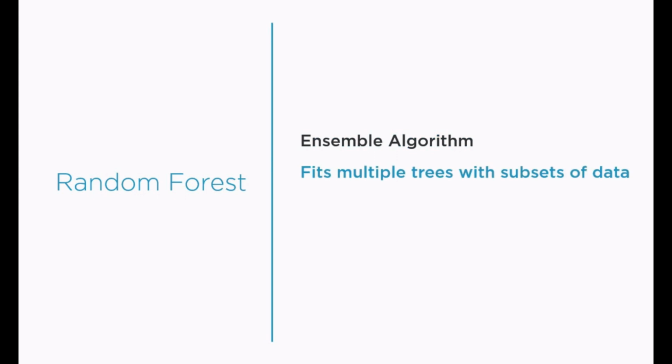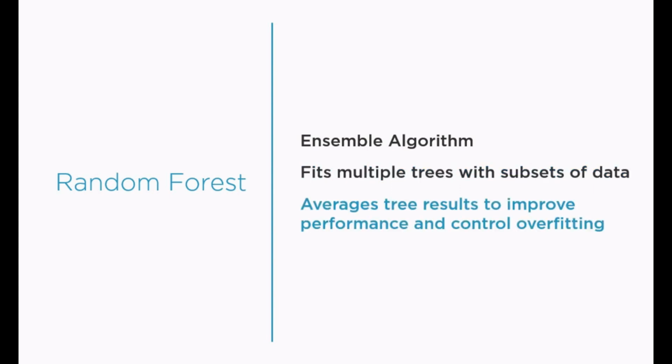It creates multiple trees, hence the forest part of the name, with random subsets of the training data. The results of these trees are averaged. This usually results in improved performance and can reduce the tree algorithm's tendencies to overfit. We'll talk more about overfitting soon. So let's go back to our notebook and train and evaluate the random forest algorithm with our data.